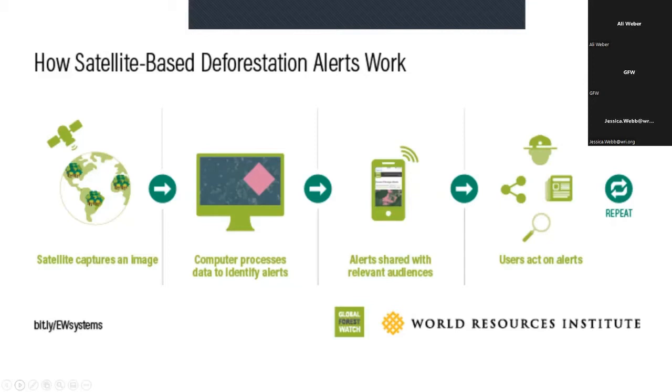Computers then process the data to identify where forest disturbance was detected, which is then marked with a pink pixel. These pixels are then shared with relevant audiences through the GFW tools, providing an early indication of where deforestation may be occurring so that law enforcement officers, local communities, advocacy organizations, and other responders can take targeted action. Next slide, please.